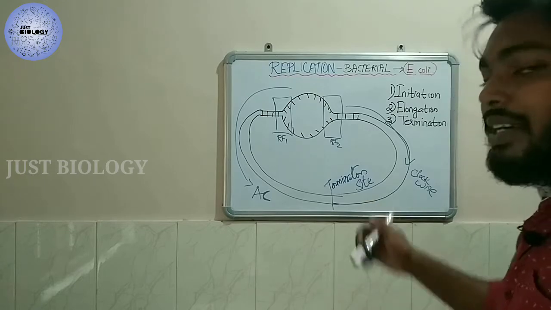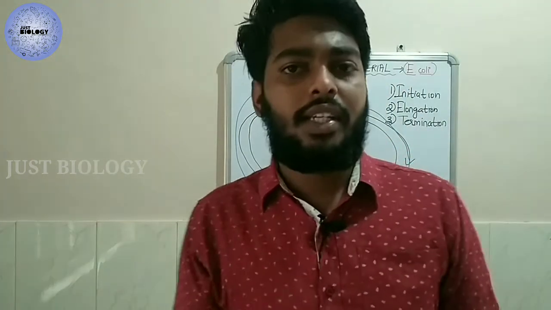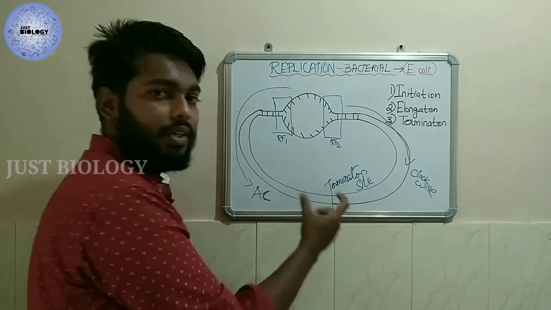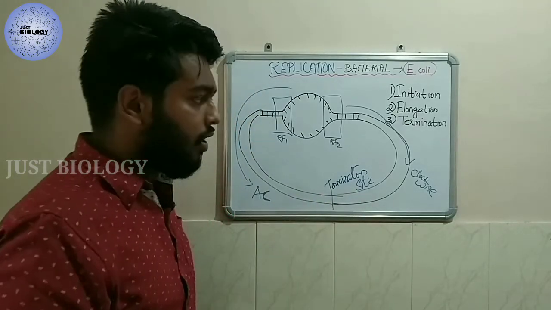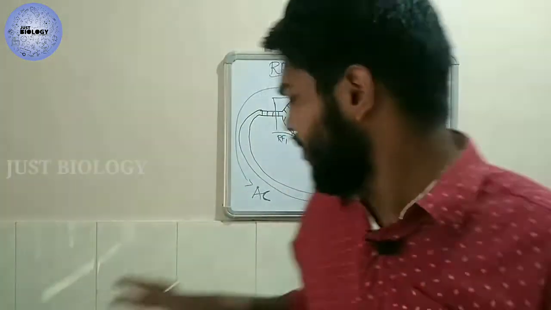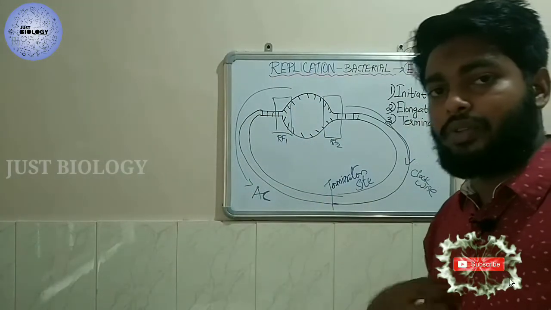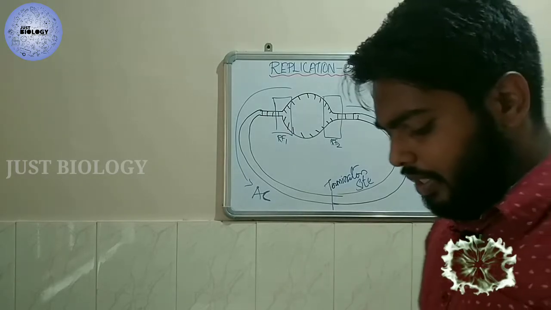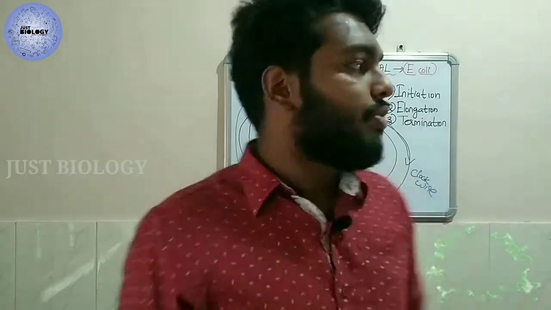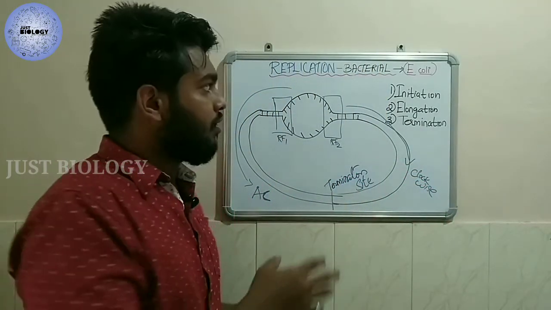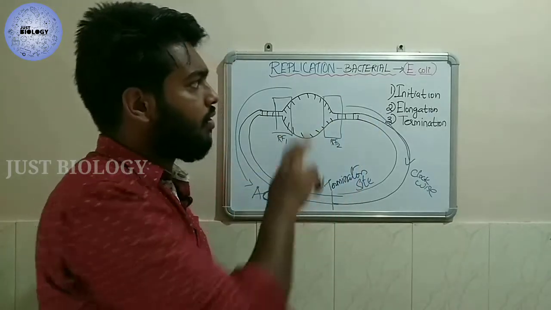If you see this termination site, we can see a specific sequence present in it, often made up of 24 base pairs. There are different kinds of termination sites in various prokaryotes, not only in E. coli.